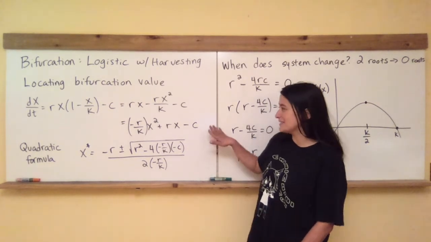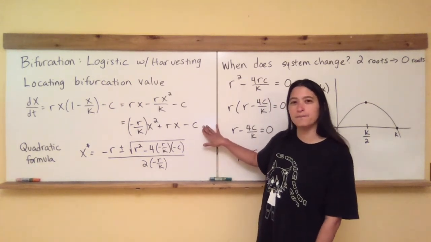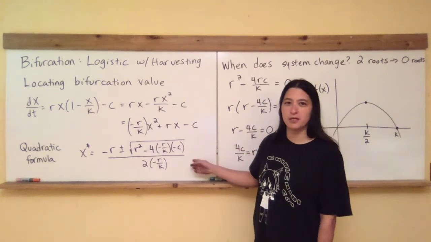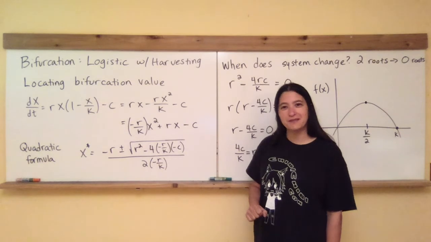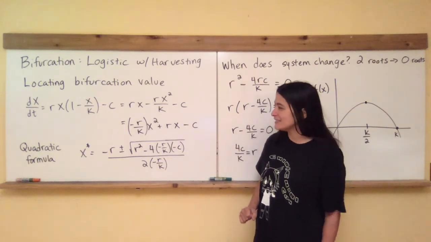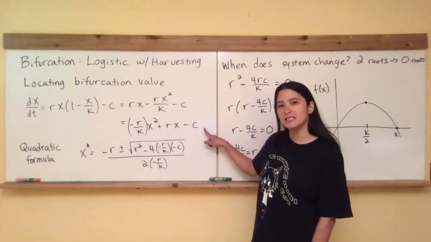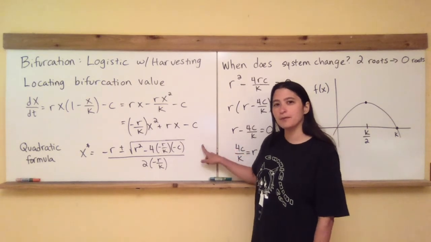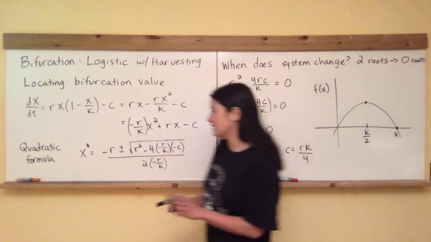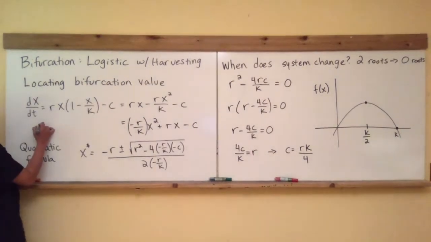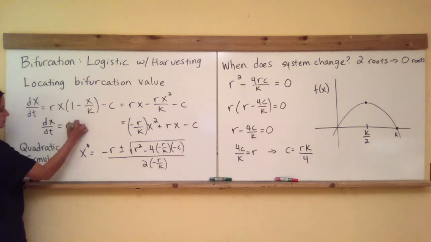Okay, so now I've got it set up in a format in which I can apply the quadratic formula. I'll let you look up a review video of that separately if you want to get reminded of what it is. But I'm taking the coefficients that I laid out here and plugging them into the quadratic formula, which is the same thing as saying, hey, where are the places where dx/dt is equal to zero?